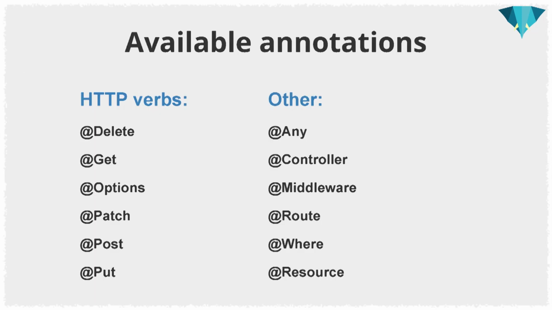So we have available all of the standard HTTP verbs that we're used to: delete, get, options. Options returns a list of all of the available verbs on that controller or that resource. Patch, post, put, we know very well. And then in the right-hand column, I'm showing you basically what the other options are available.